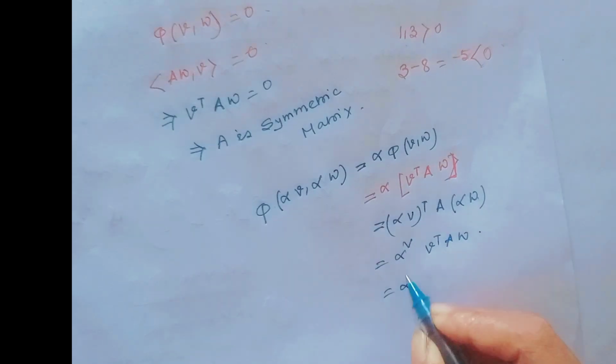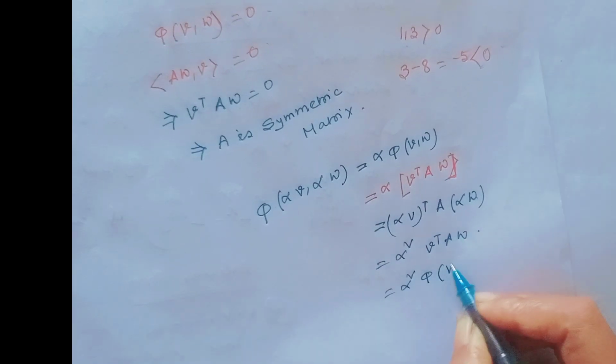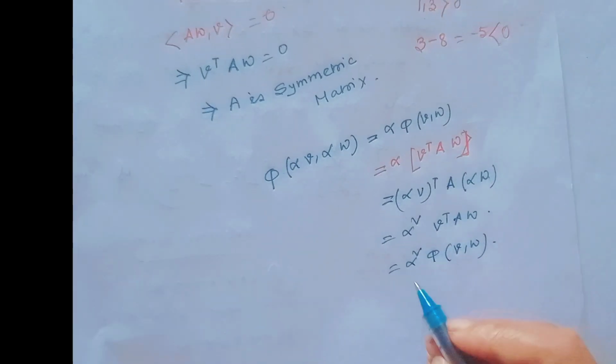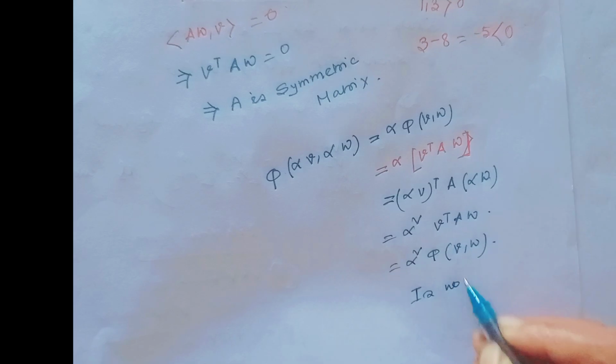That means this is equal to alpha square phi(v, w). So this is not linear.